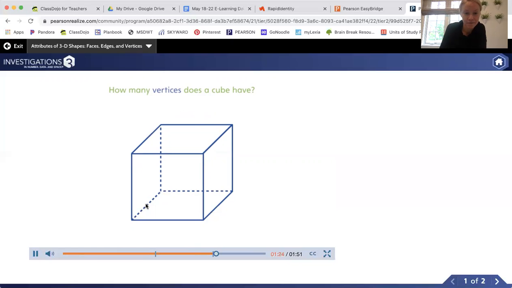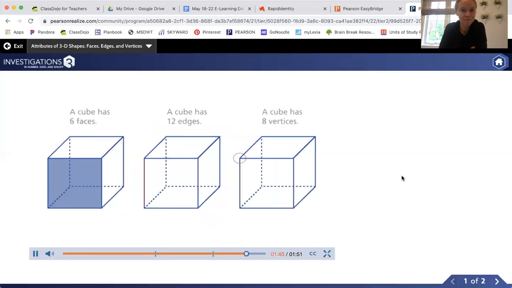I can count them. 1, 2, 3, 4, 5, 6, 7, 8. A cube has 8 vertices. A cube has 6 faces, 12 edges, and 8 vertices.